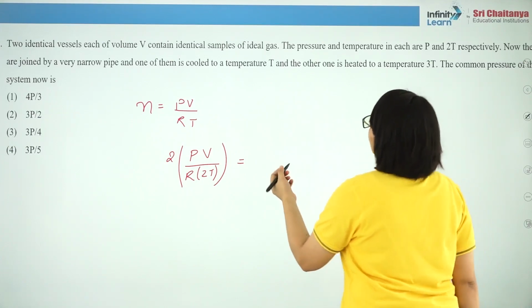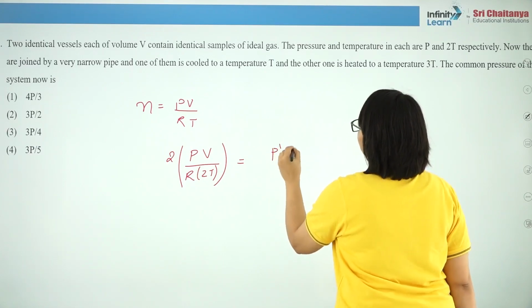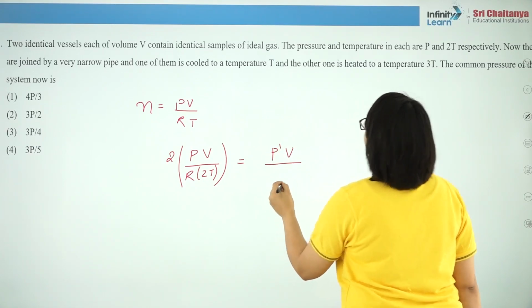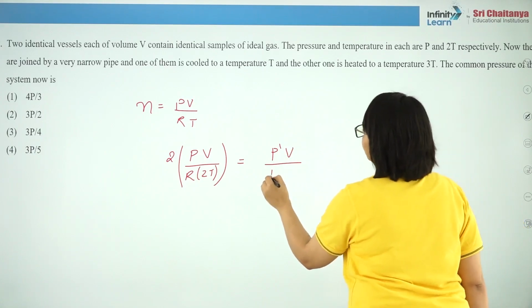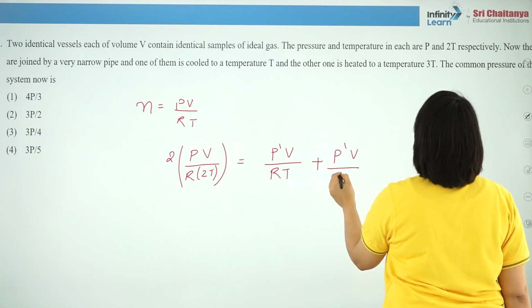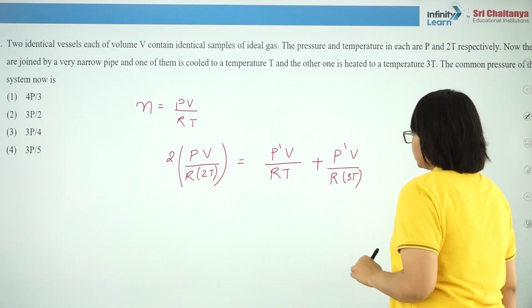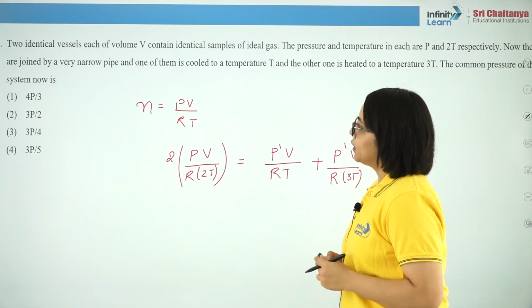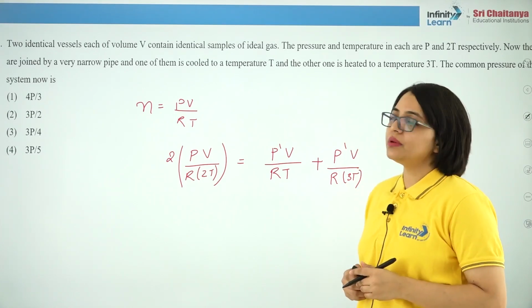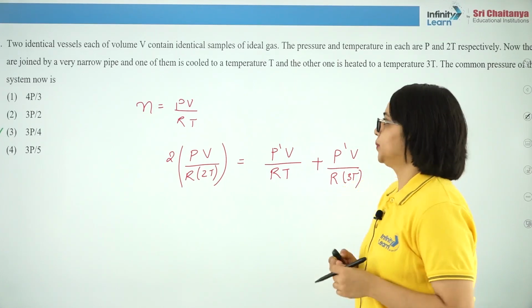So, for the first container it will be P dash V divided by RT, and for the second container P dash V divided by 3RT. On solving this equation, you will get your P dash, that is the common pressure of the system, as 3P by 4, which is option 3.